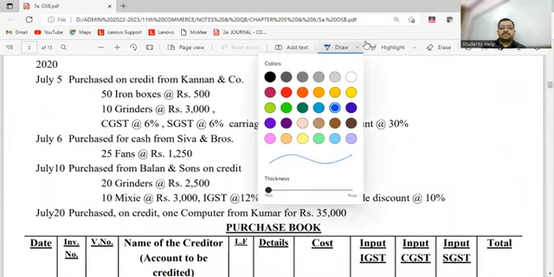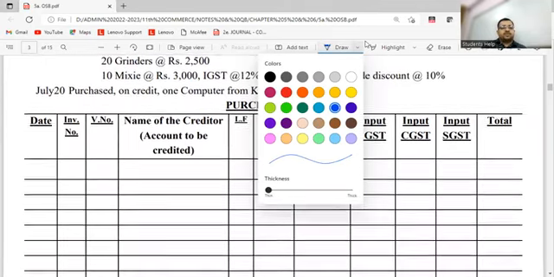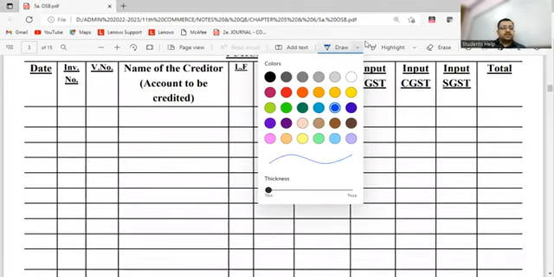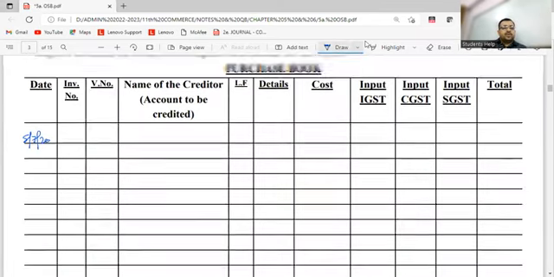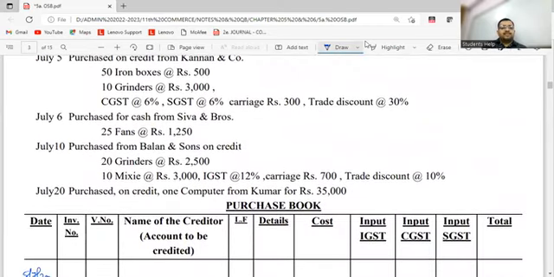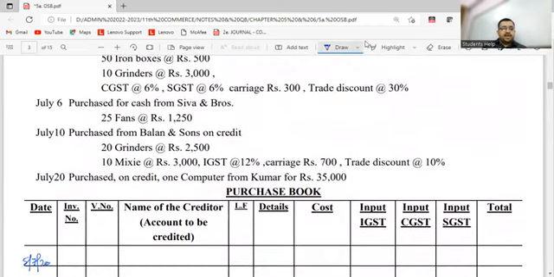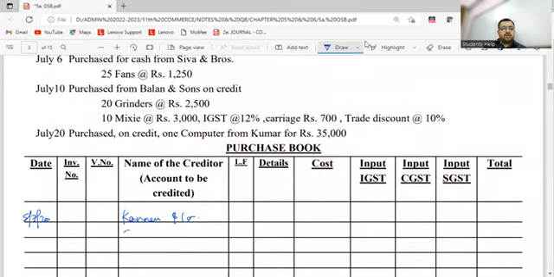Ready, everybody? The first transaction is on July 5th, 2020. So put the date, children: 5th July 20. We do not have invoice number given to us. Let it be. From whom are we buying, children? Kanan and Company. So we'll write Kanan and Company. 50 iron boxes at the rate of what?